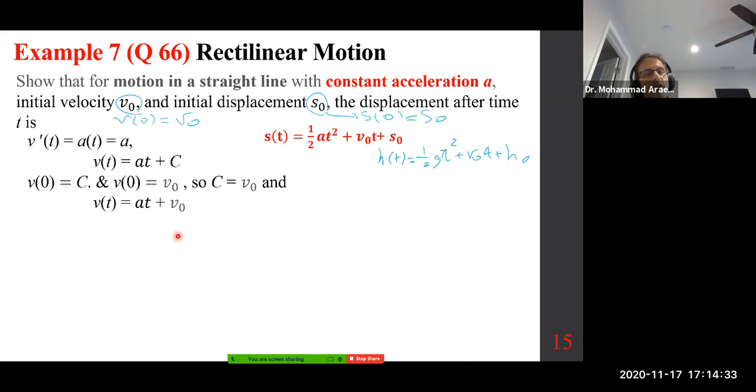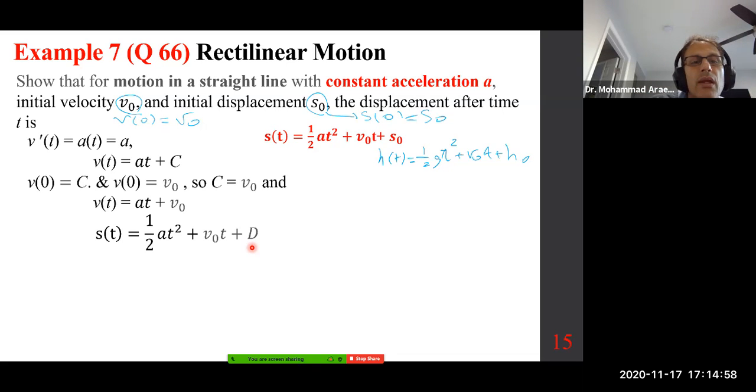Let's integrate again. So t to the power of 1, you have to add 1, becomes 2. So divided by 2, 1/2 a t squared plus V0 t plus another constant. Again, notice I had C here. I don't want to use the same thing. I'm going to use D on purpose, something different.